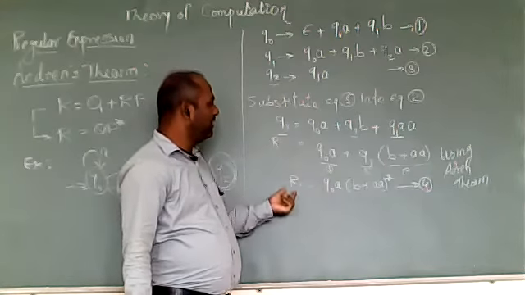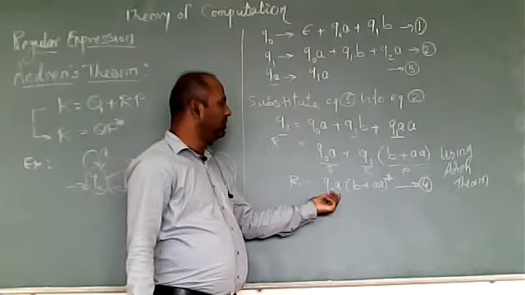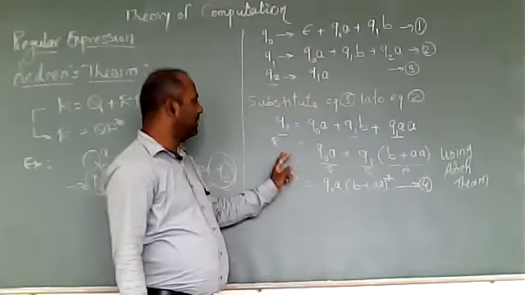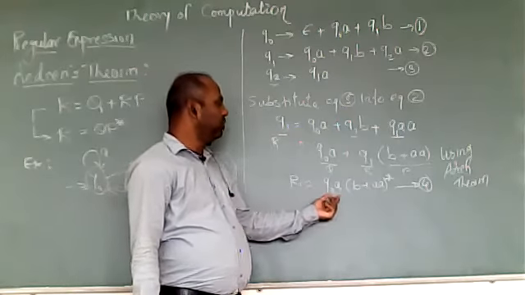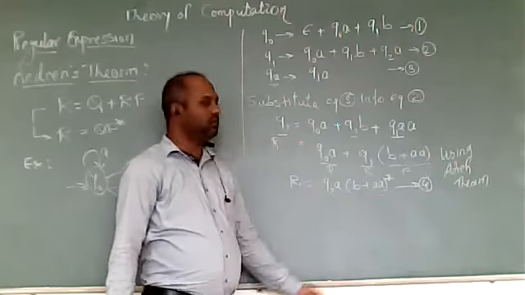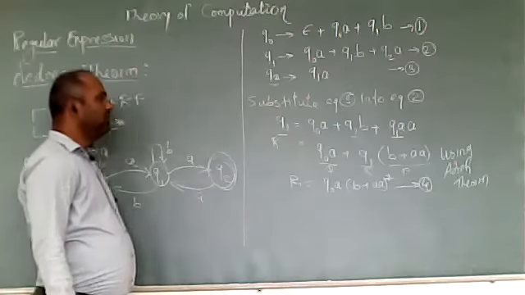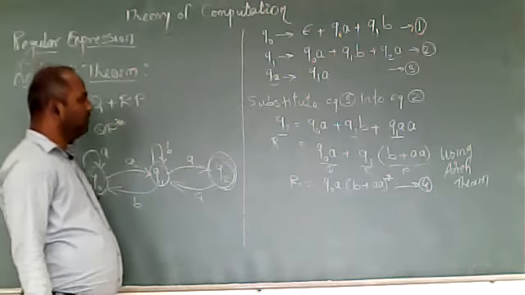We assume this as R equal to Q plus RP, and this R must be the same, so that we can write it as QP star. This equation 4 we got from the substitution method.